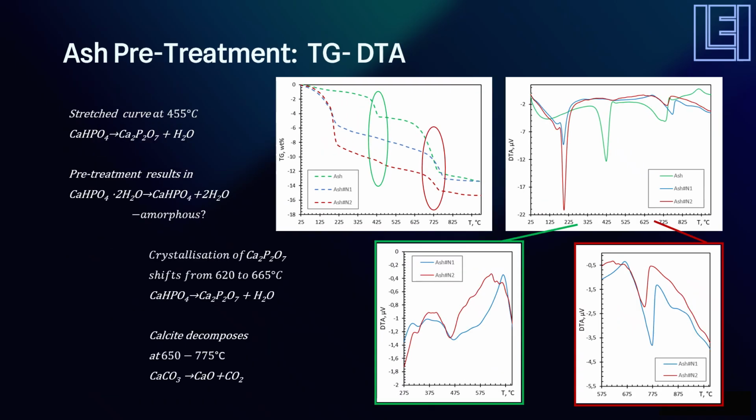The stretch curves in TGA imply that anhydrous dicalcium phosphate of amorphous phase was formed during the acid pretreatment of ash 1. This is combined with a shift of calcium pyrophosphate crystallization to a higher temperature, particularly in ash 1.